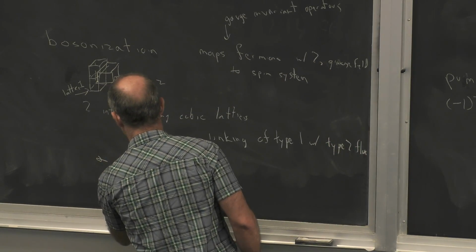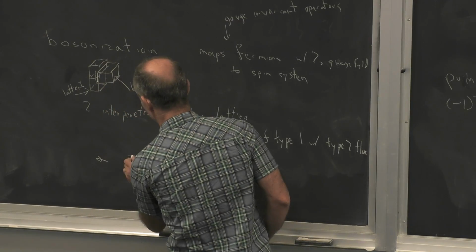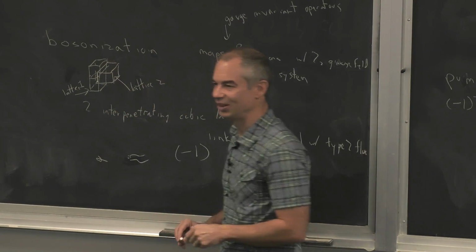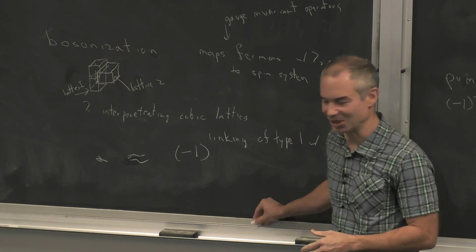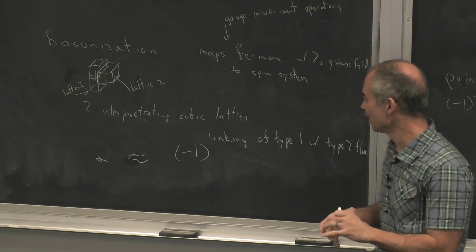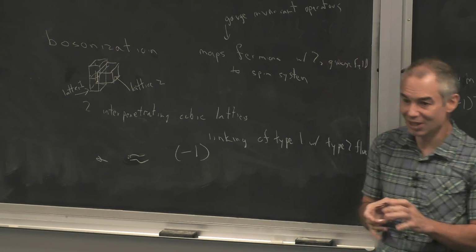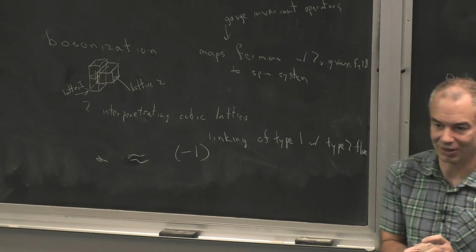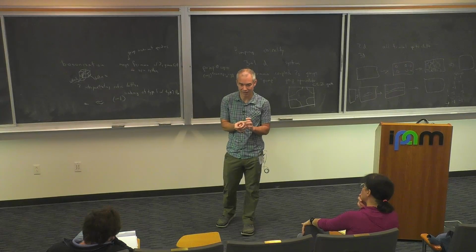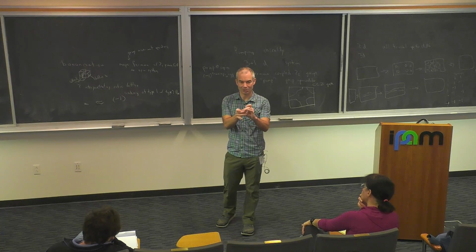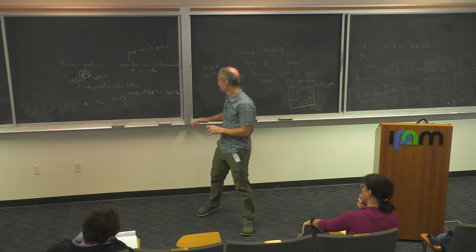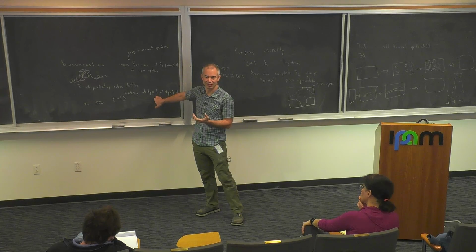Alpha equals, I'll write a slightly wavy equals because it's up to a quantum circuit, the linking of one flux with the other flux. The interesting thing is this is precisely the kind of thing I was talking about that's locally not computable, but its variation is computable. It's conjugation by this unitary. This is a unitary and alpha is conjugation by this unitary.